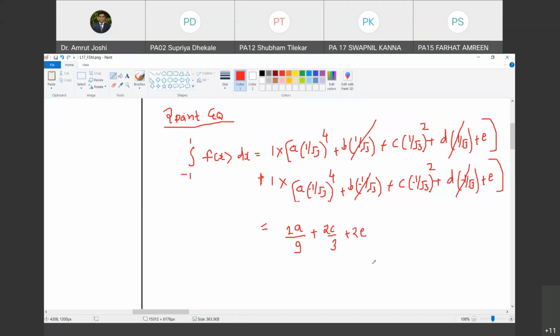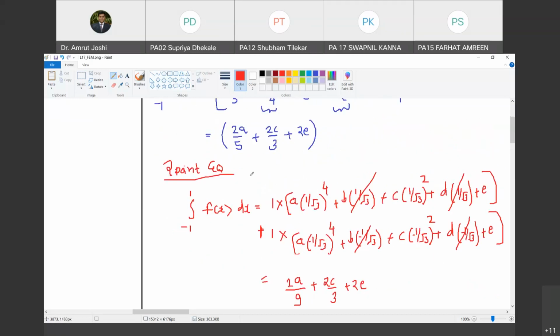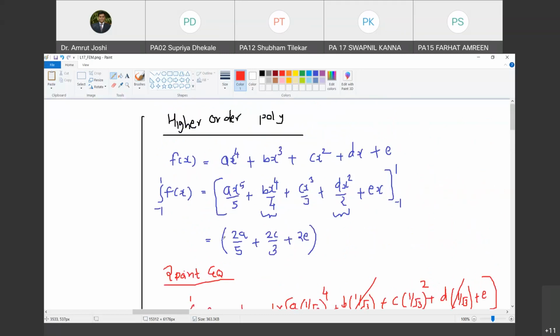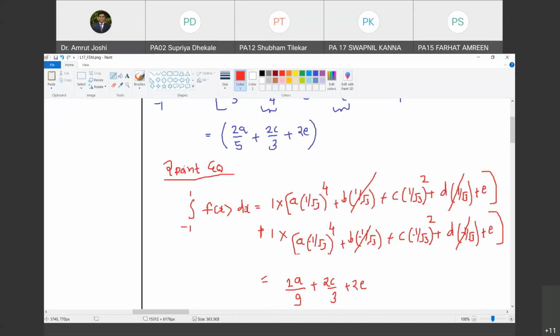Are these two numbers equal? No, 2a by 5 and 2a by 9. So therefore, 2-point Gauss quadrature fails to integrate the polynomials which are greater than cubic order within domain minus 1 to 1. Do you agree with me?